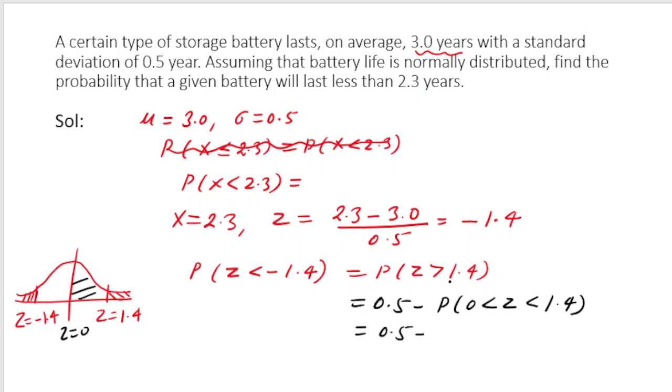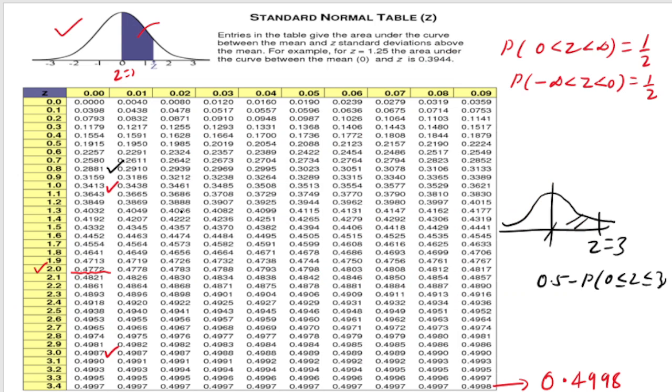I'm not going to look into the table now, I'm writing it directly, but I would suggest that you look at the table carefully. Let me show you the table, because decimal terms are coming for the first time. How do I look at the table for 1.4? It is already given, 1.4 is 0.4192.